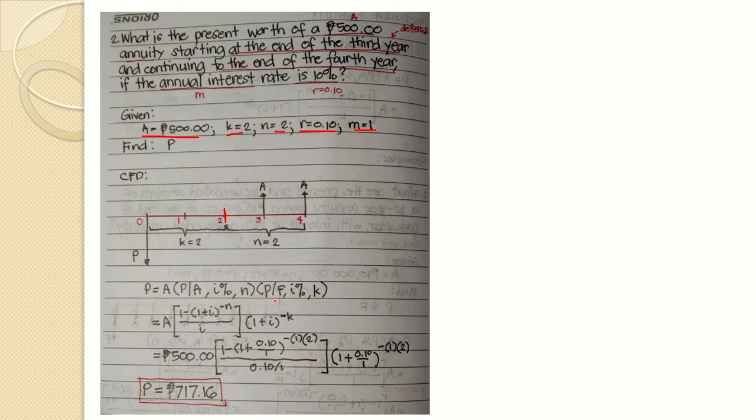So using this notation, now this one is equivalent to this quantity here. Which means at the end of the 4th year, or the present equivalent of this annuity is 717.16.